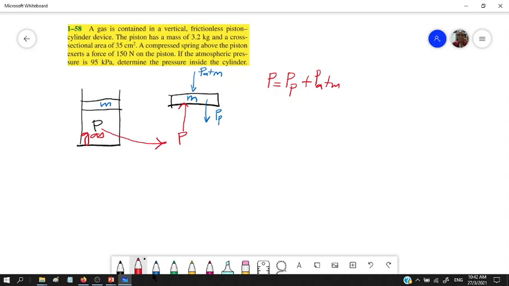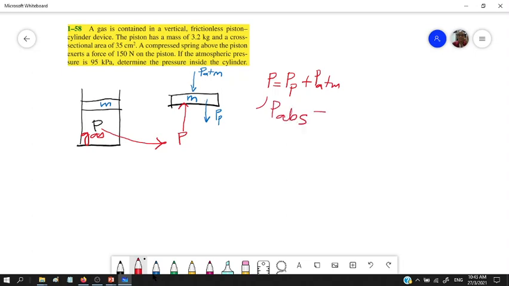So we always look at the free body diagram of the piston in order to get the pressure of the gas. In this case, the pressure that we have here is the P absolute.